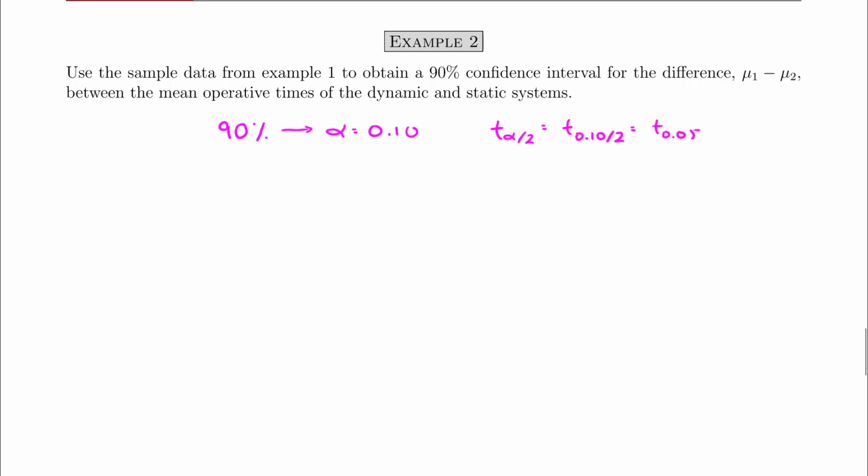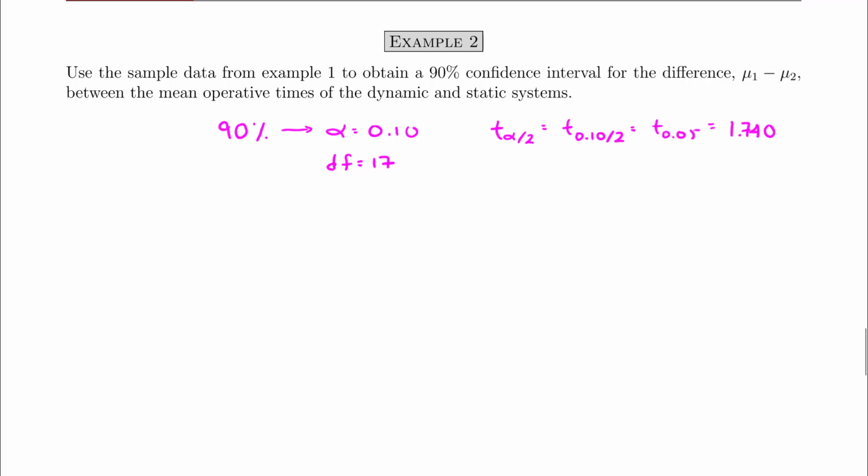And we have done this countless times. We have a specific table just for this value, but we also know that degrees of freedom is 17. So what we get is 1.740, and that's the same value we found in example 1.